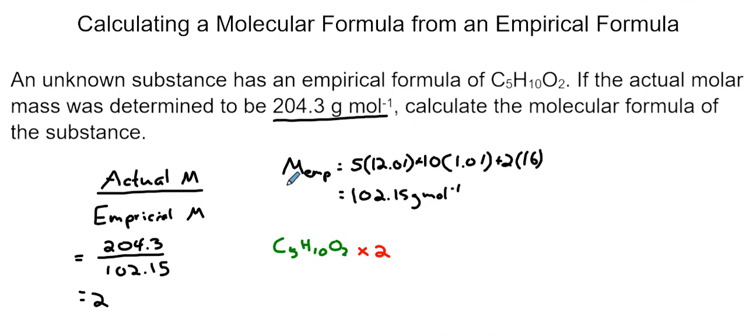And what that generates for us is a value of C10H20O4. And this is the formula of our unknown substance. So this here, that is your molecular formula. Apologies, sorry about that. Molecular formula.